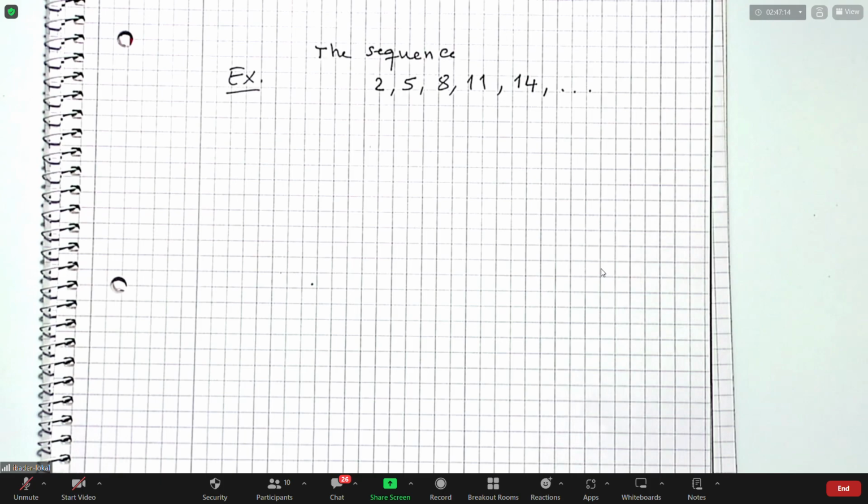Is this sequence geometric or arithmetic? How can you tell?